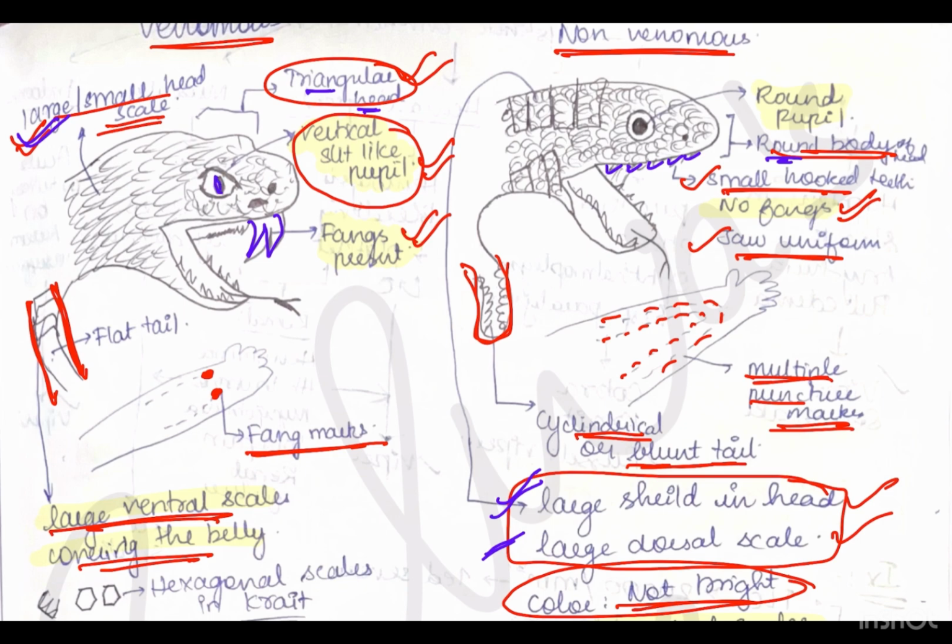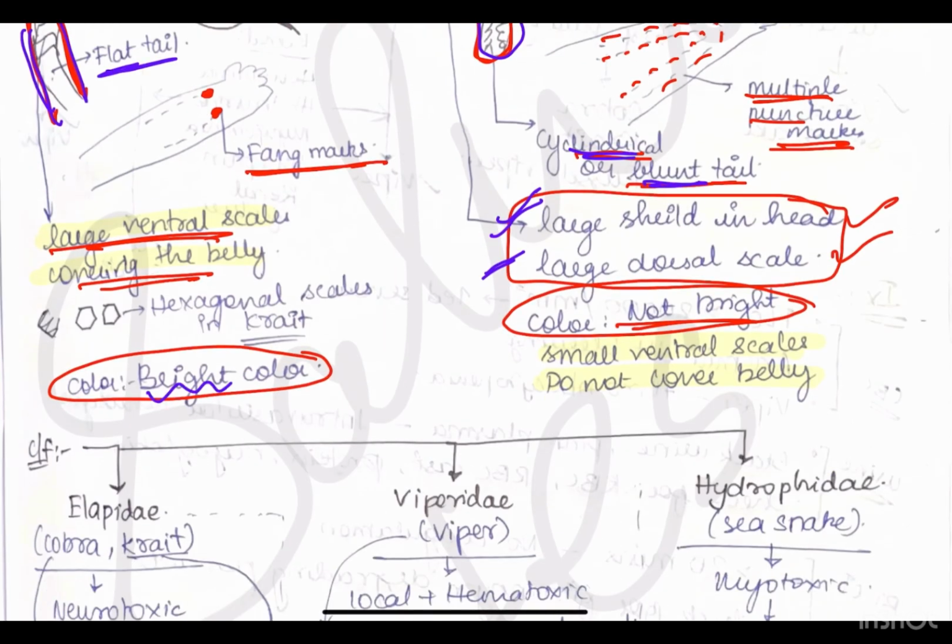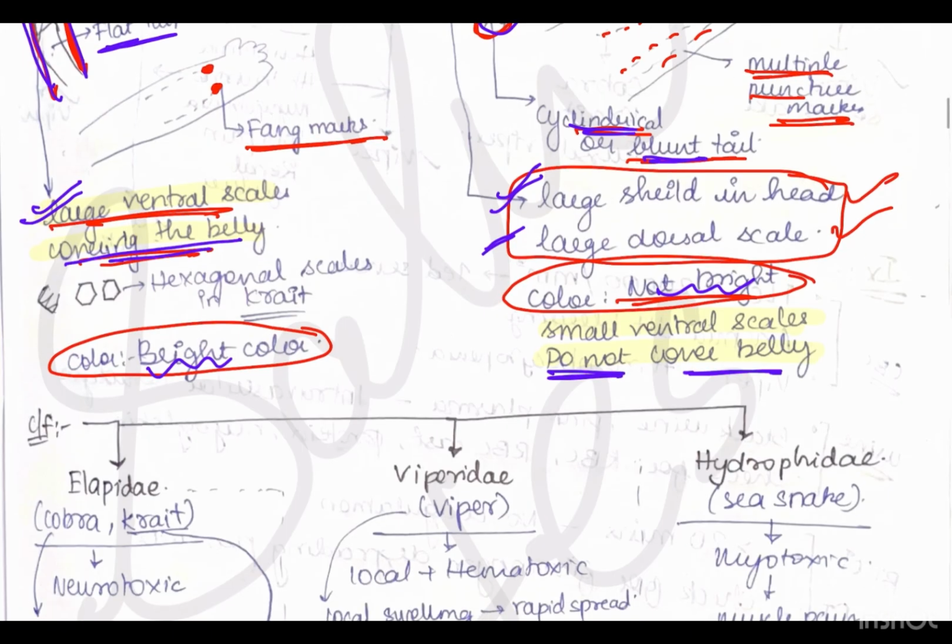The pupil of the venomous snake is a vertical slit, whereas in non-venomous snake, it is round. There is a flat tail in venomous snake, and in non-venomous, a cylindrical or blunt tail is present. The color is bright in venomous snake, and not bright in non-venomous snake. And large ventral scales are present in venomous snake, whereas they do not cover the belly in non-venomous snake. This is what you have to know.